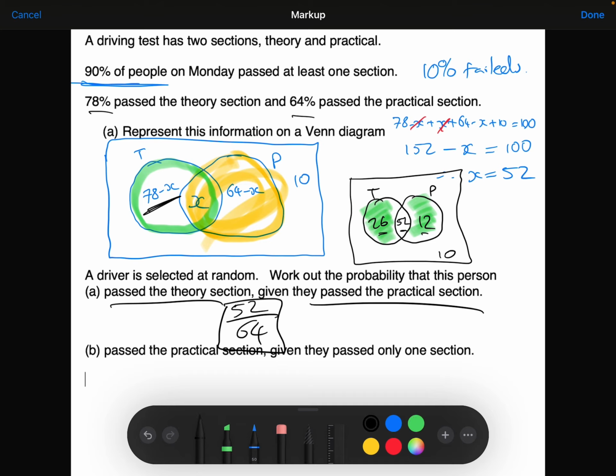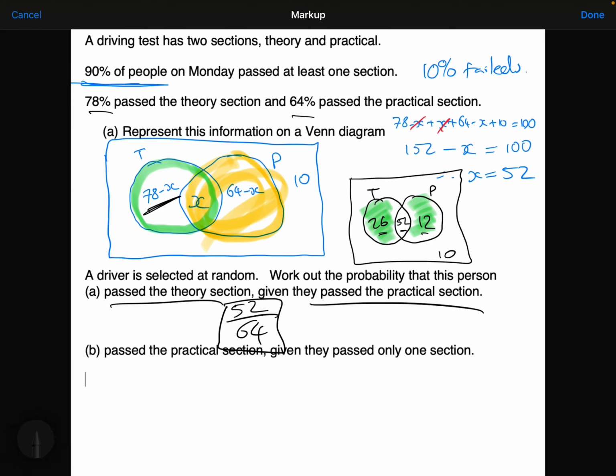So we know that we are only looking out of the 38 people that I've just highlighted in green there. Sorry, not 38 people, 38% of people. So we know 38% of people only passed one section, and we know that 12 of those passed the practical section.